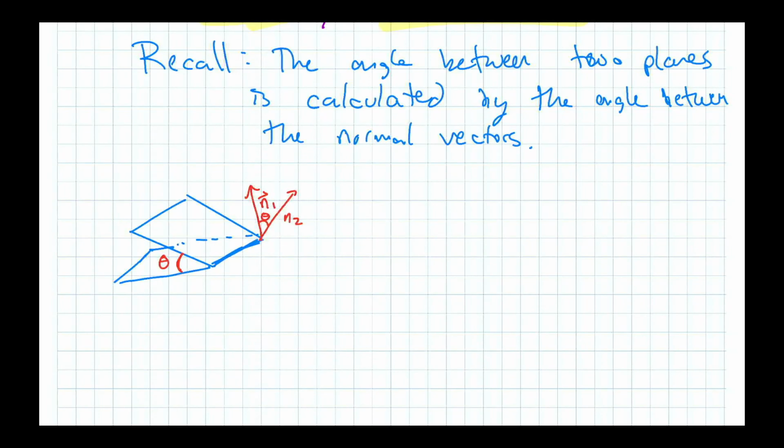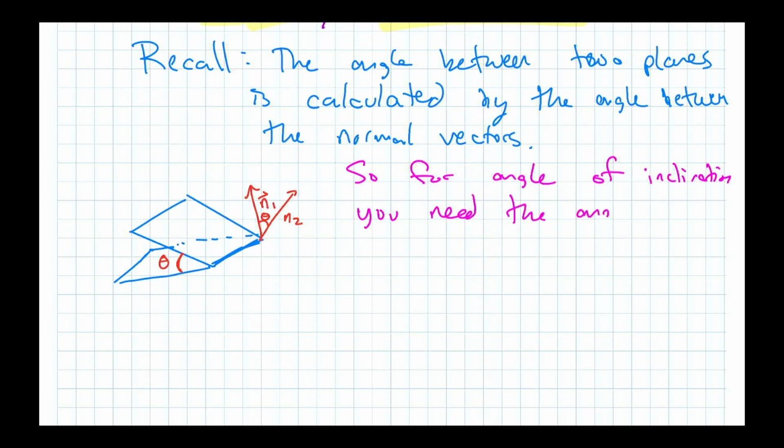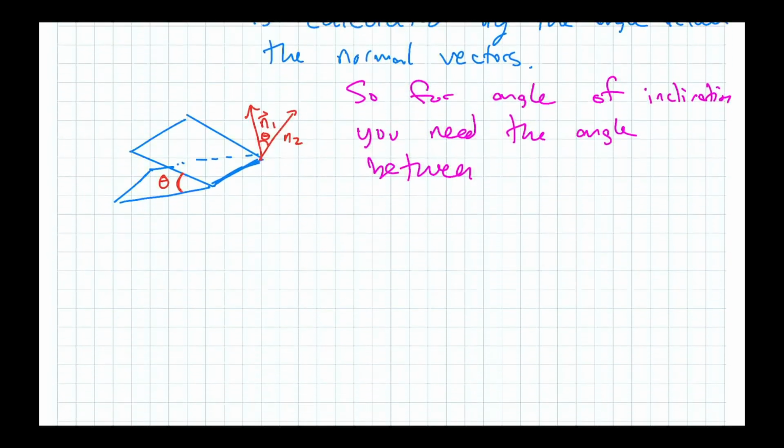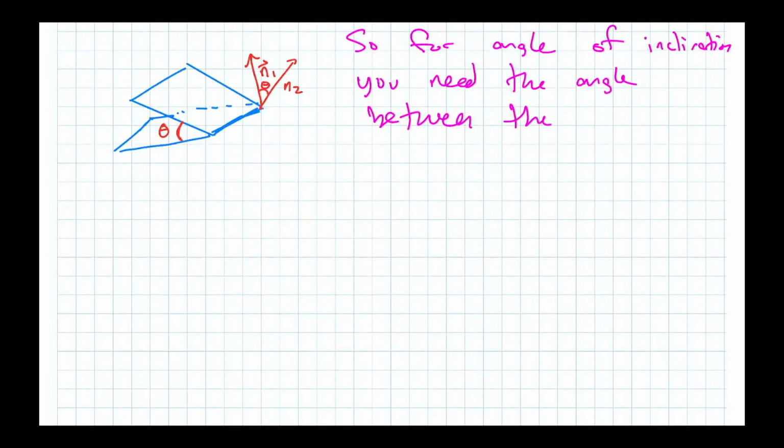So what we need to do here is find the angle between your plane. For the angle of inclination, you need the angle between the normal to the xy plane, which is easy to calculate.